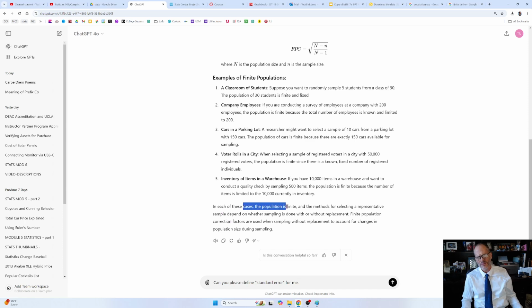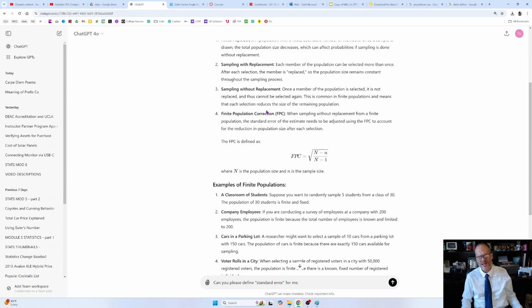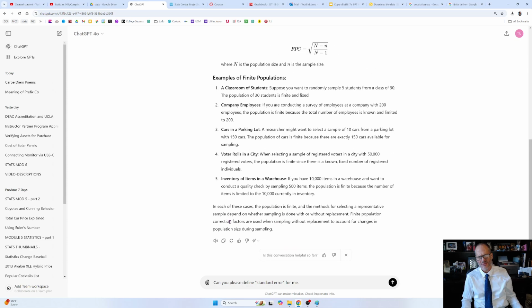In each of these cases, the population is finite, and the methods for selecting a representative sample depend on whether sampling is done with or without replacement. Finite population correction factors are used when sampling without replacement. So finite population correction, that's FPC. That's done when sampling without replacement to account for changes in population size during sampling.